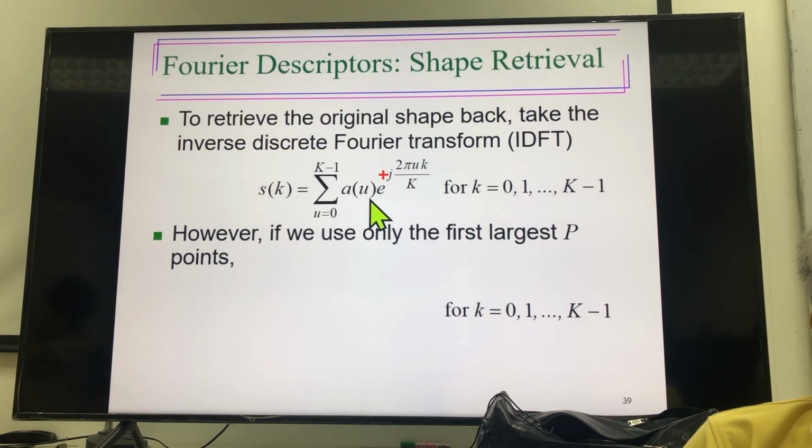The information is the same, so you can have the information in terms of s_k, or in terms of the Fourier domain a(u).